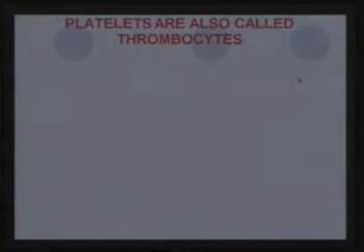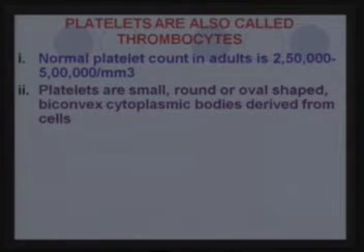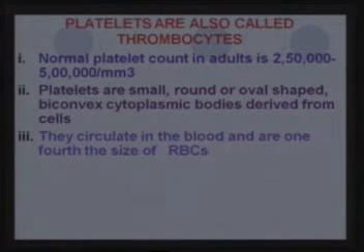The third type of blood cells in the blood are the thrombocytes. Normal platelet count in adults is 250,000 to 500,000 per cubic millimeter, and these thrombocytes or platelets are small, round or oval shaped biconvex cytoplasmic bodies. They are derived from cells, and their function is that they are involved in clotting.